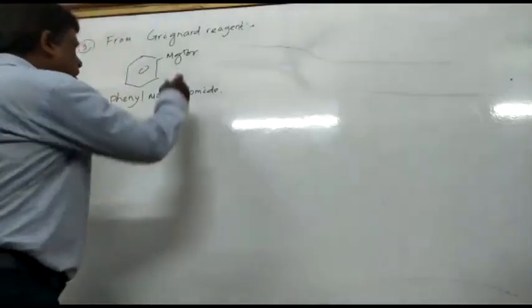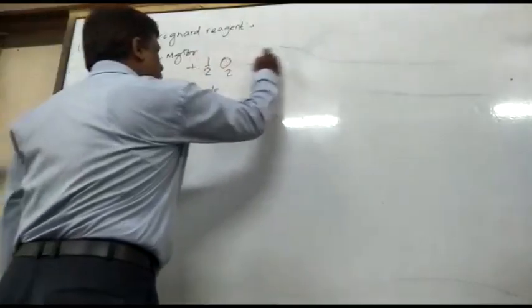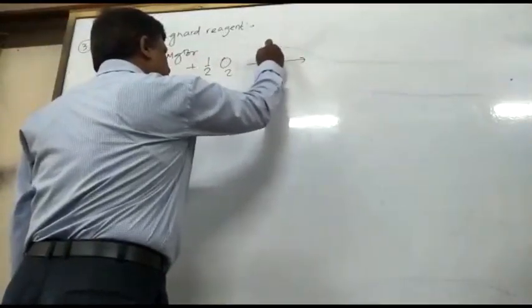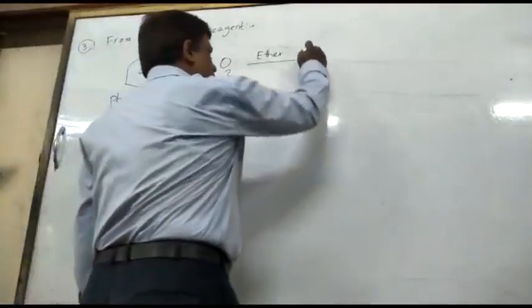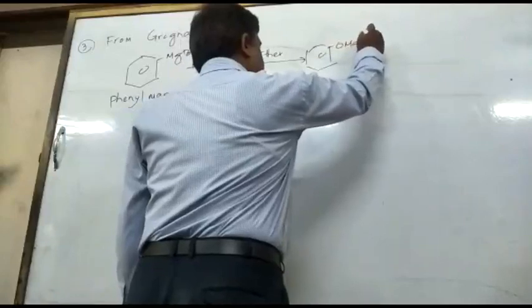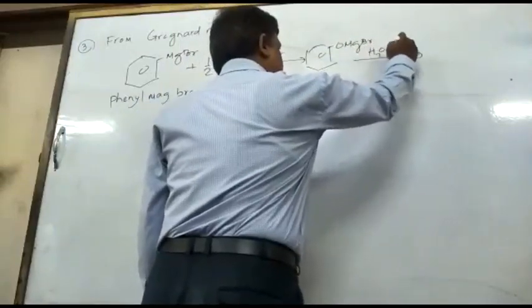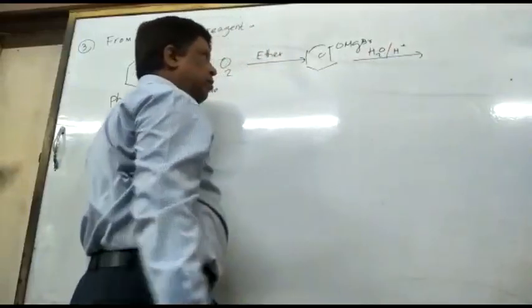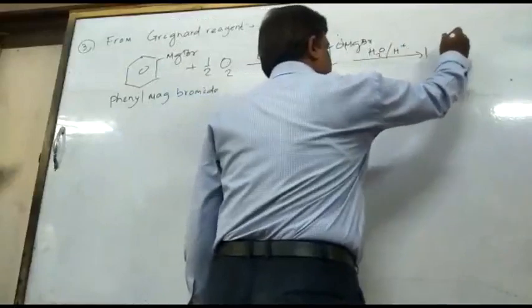So mark that when phenyl magnesium bromide undergoes oxidation in ethereal medium, what is formed? One addition product is formed, represented by the formula C6H5OMgBr. Then it is followed by hydrolysis in acid medium. There is a break of this bond. What product is formed?